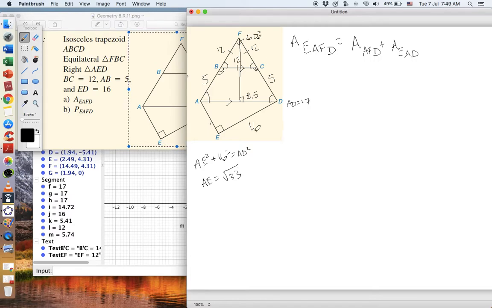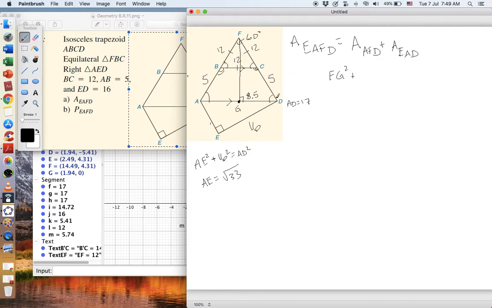And moving along, we can call this altitude. We can drop a point there, call that G. We're going to say FG squared plus 8.5 squared. So we've got the leg here. We're working with this right triangle, FGD. And so we're going to use the Pythagorean theorem again.